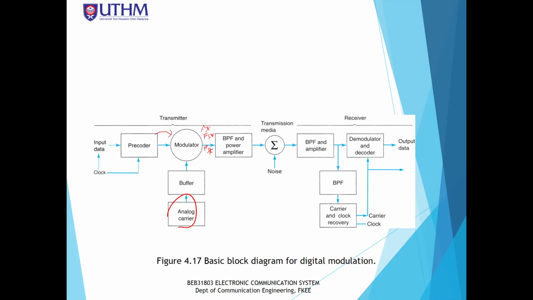Then we put it inside the bandpass filter to filter out the unwanted frequency, amplify the signal, and transmit into the wireless medium. Within the wireless medium we have noise, which will disturb the signal, and then it arrives at the receiver. We use a bandpass filter to select the desired frequency band, amplify the signal, and do the demodulation process with the analog carrier to produce the output data.